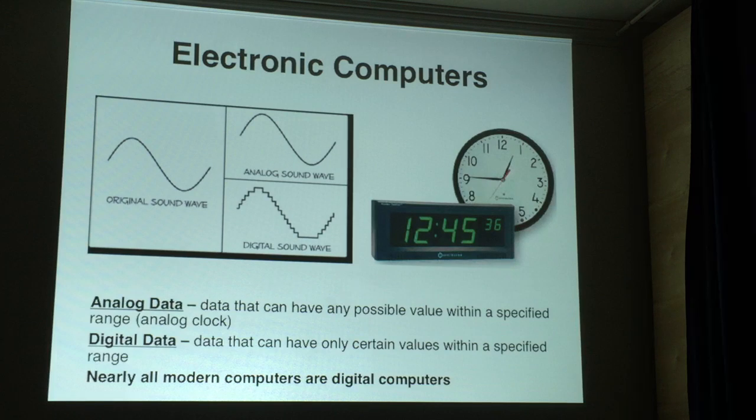It is not possible for computers to take in any value of data or read out any particular value. Now, the certain values can be very accurate, can be very precise, but once that level of precision is determined, it cannot be made more or less precise.